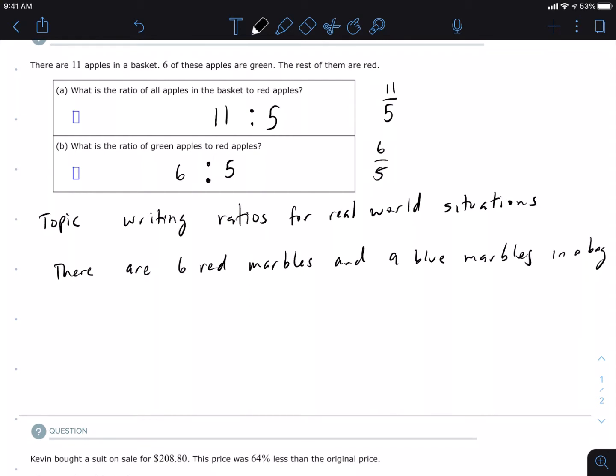Okay? A tells us, what is the ratio of all marbles in the bag to blue marbles.